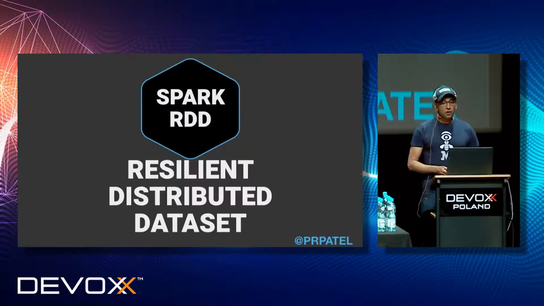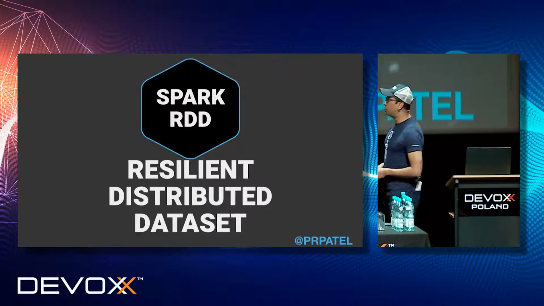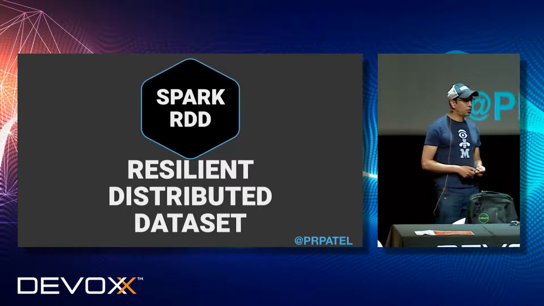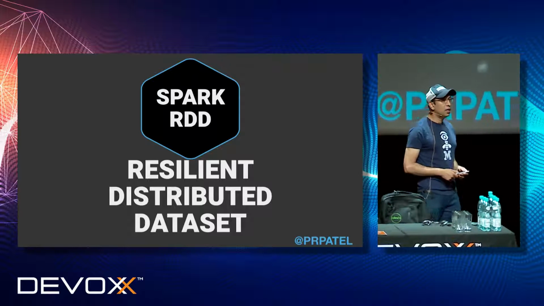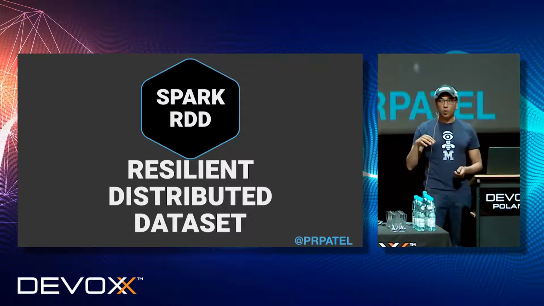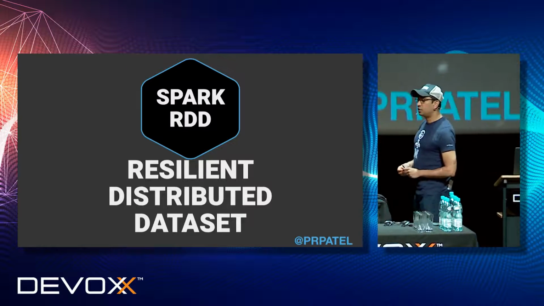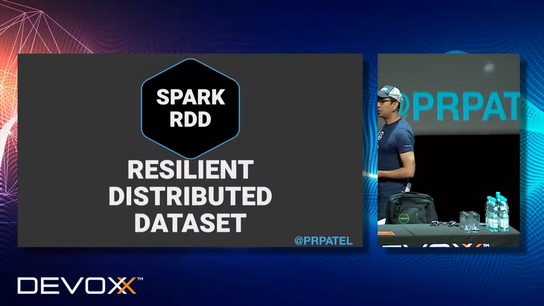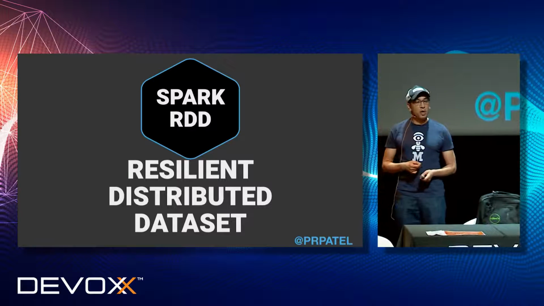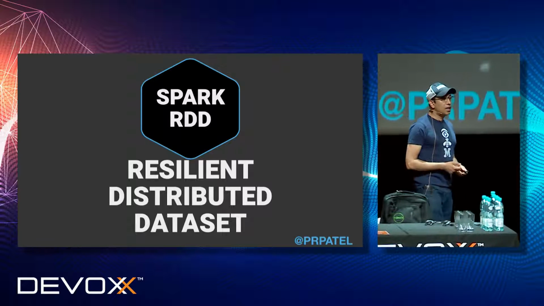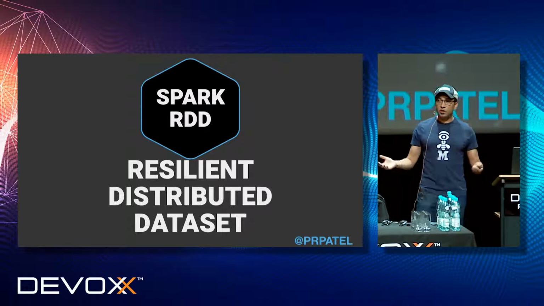One of the core tenets of Apache Spark is that it is based on this notion of a resilient distributed data set, or RDD. This is a term that I'll use quite a bit as we work through some of the examples here. A Spark RDD is essentially your data in some kind of structured or unstructured way, whether it's what we call a data set or a data frame, that gets distributed across an Apache Spark cluster.